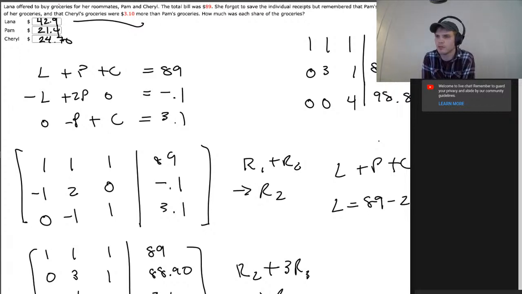That is good. That is good. 3.10 more than Pam's. Okay. So we did row 1 plus row 2. That's good. And we did row 2 plus 3 times row 3. Excuse me.